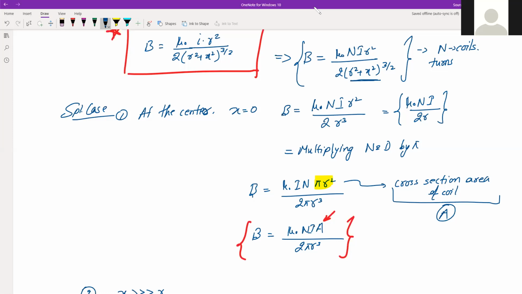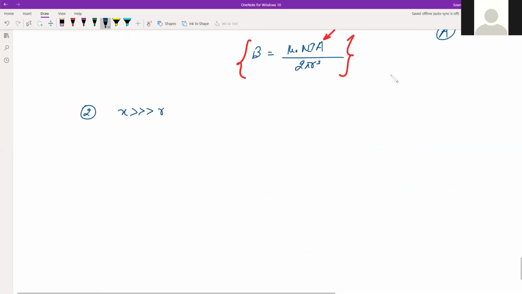So this can be written as, our original expression, B is equal to mu naught n I r square divided by 2 into (r square plus x square) whole to the power 3 by 2.